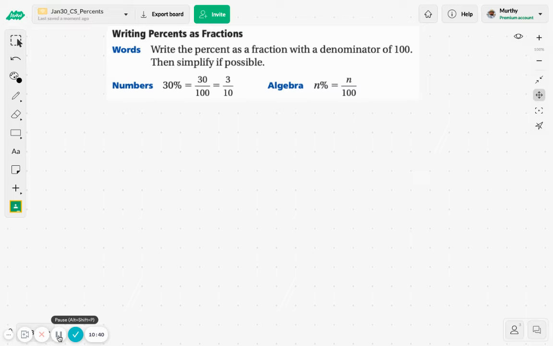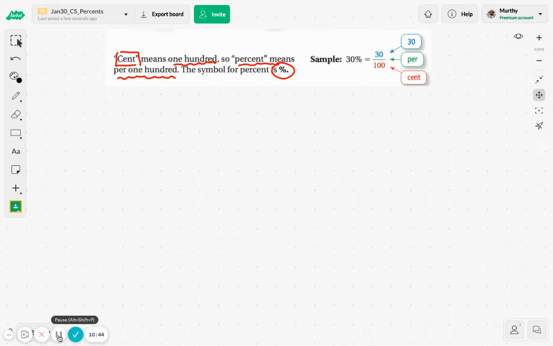Let me go back to the previous page. Just now I explained that if you are given a fraction, how to convert it into a percentage: simply multiply the given fraction by 100%.